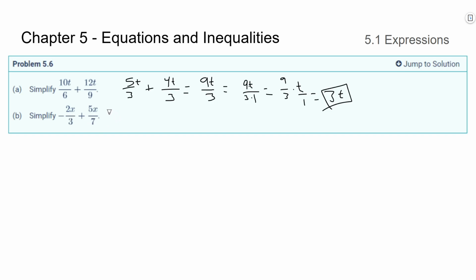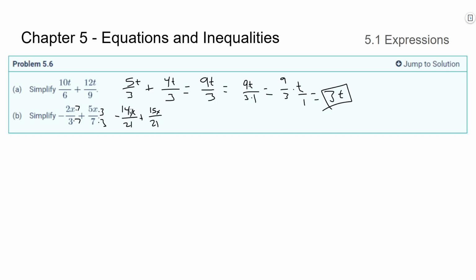So this one here, times 7 times 7. This would be negative 14x over 21 plus, it's going to be 3 times 3, 15x over 21.